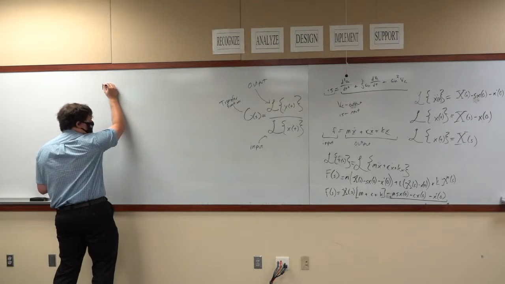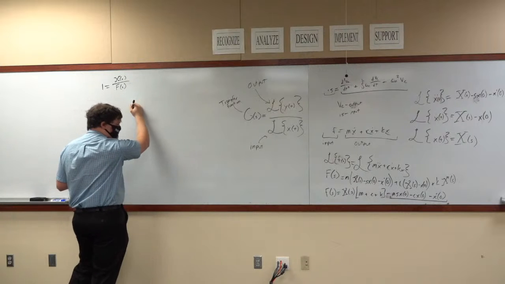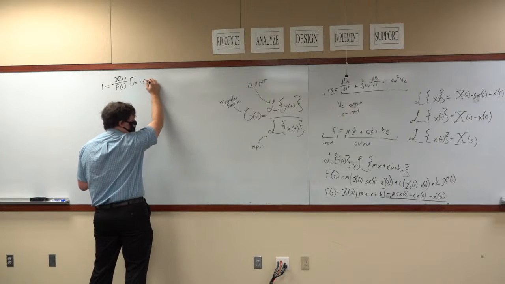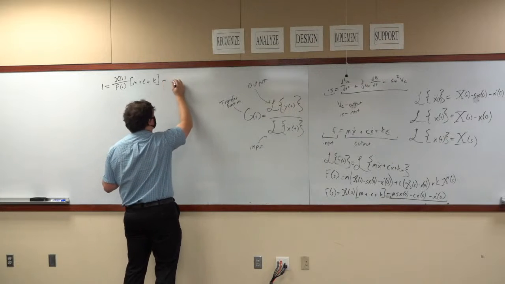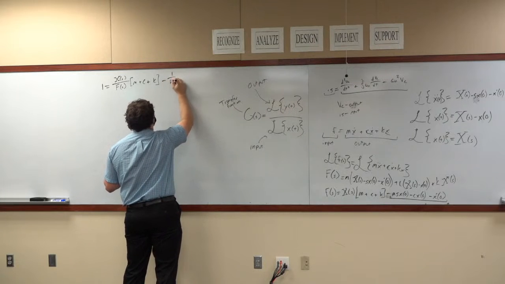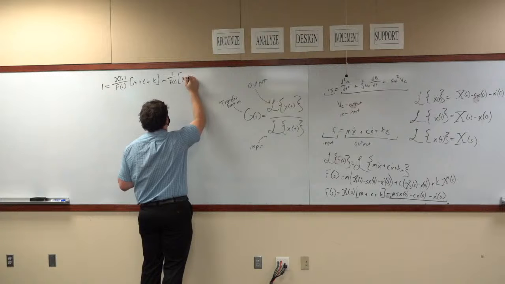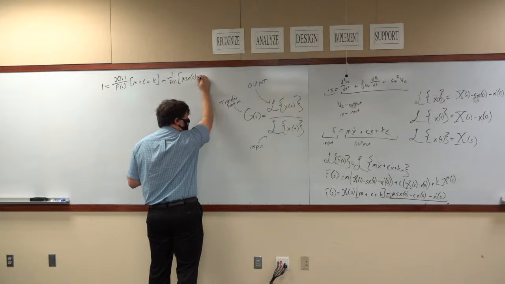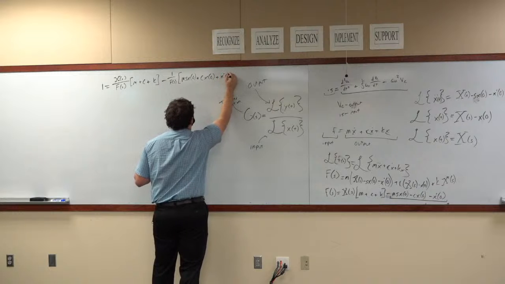We get 1 is equal to X of s divided by F of s times m plus c plus k, minus 1 over F of s times m s x0 plus c x0 plus x prime at 0.